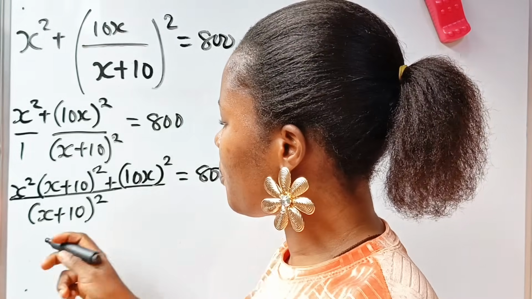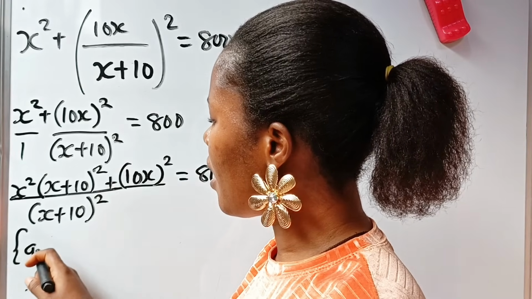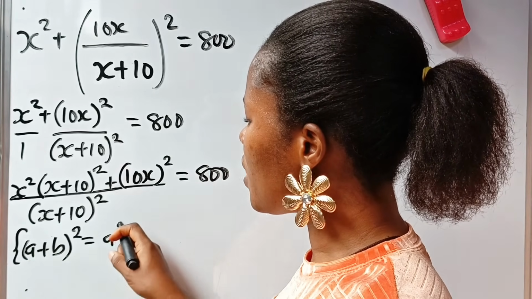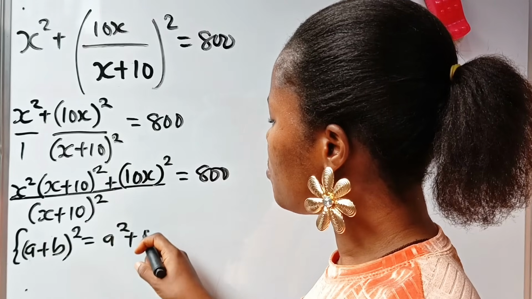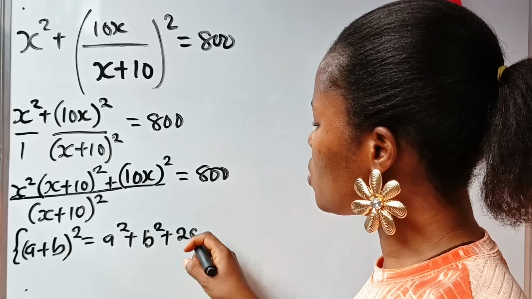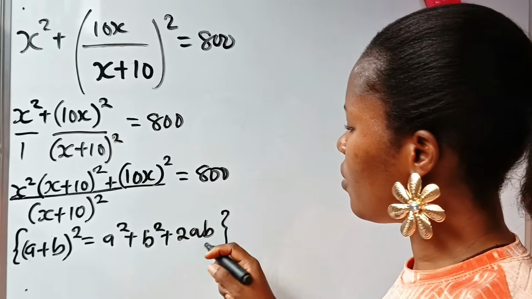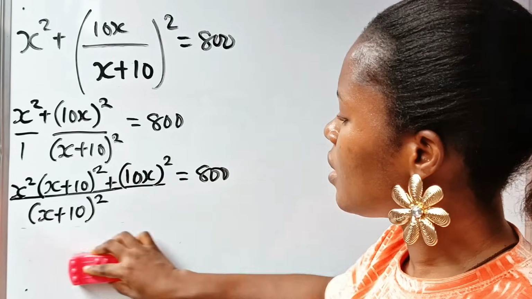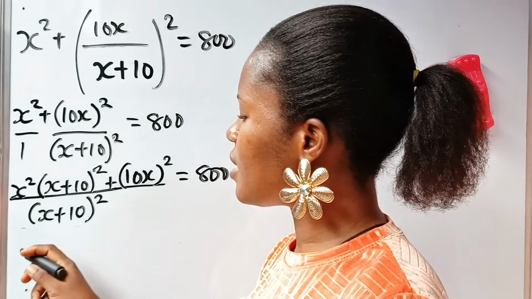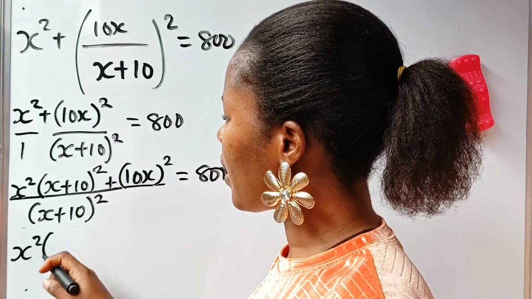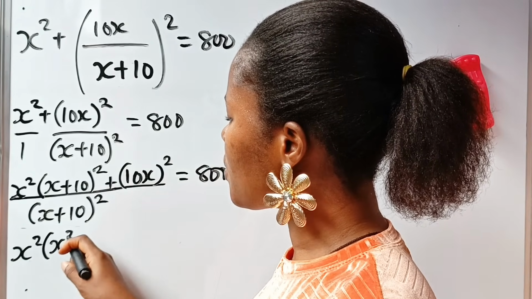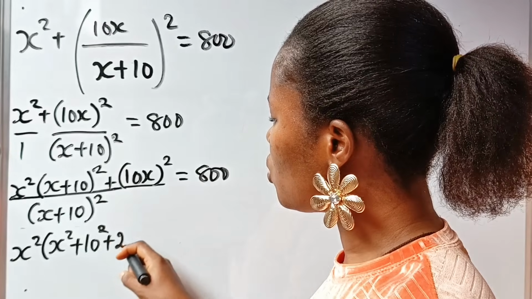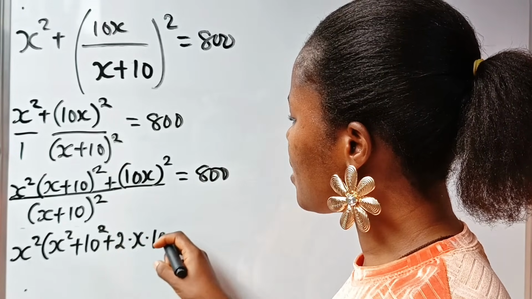Now we have a plus b raised to the power of 2 is equal to a squared plus b squared plus 2ab. So that means we can expand this as x squared, bracket, x squared plus 10 squared plus 2 multiplied by x multiplied by 10.